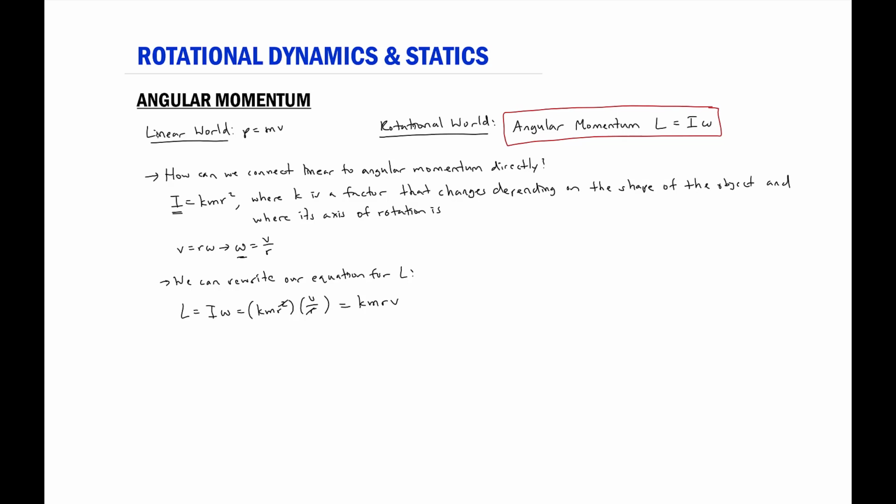So what's special about this? The linear momentum is equal to P equals mv. So can't we rewrite L as kr times mv?